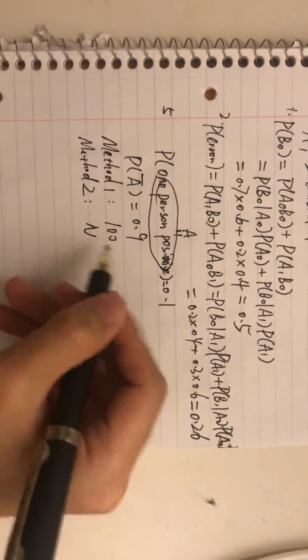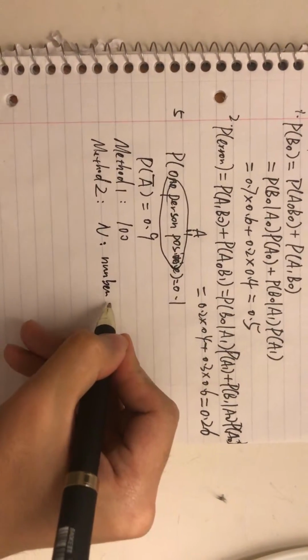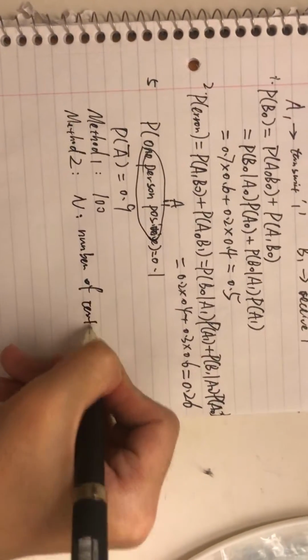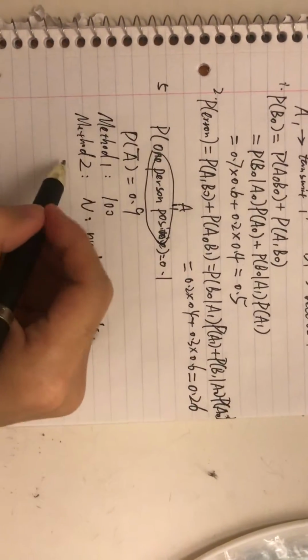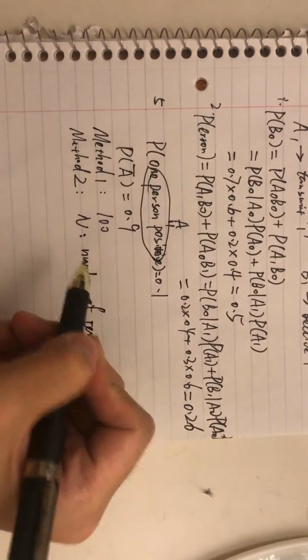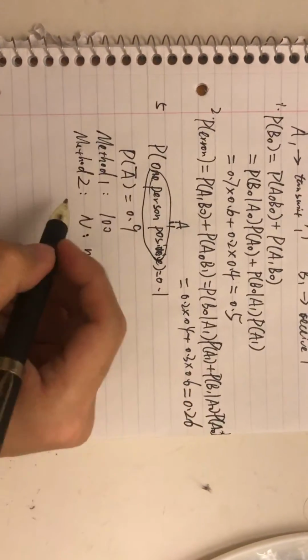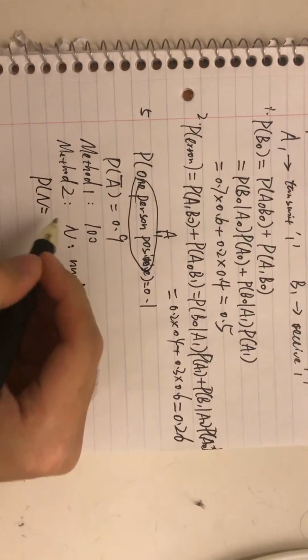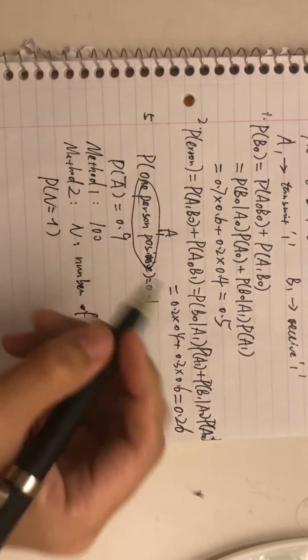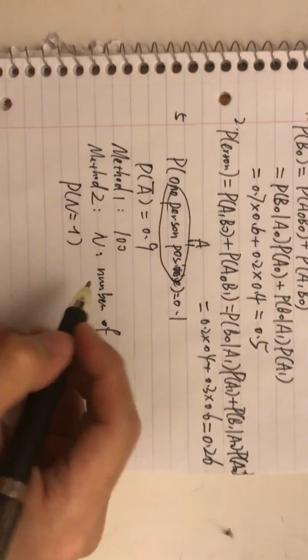And in method 2, there are two possible outcomes for the number. We use n to denote the number of tests. The first possible outcome is n equals 1, which means the whole group is negative.